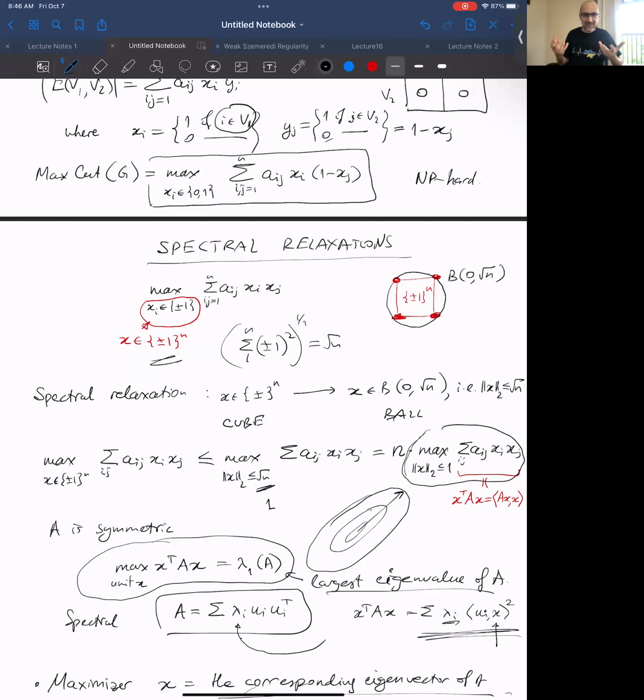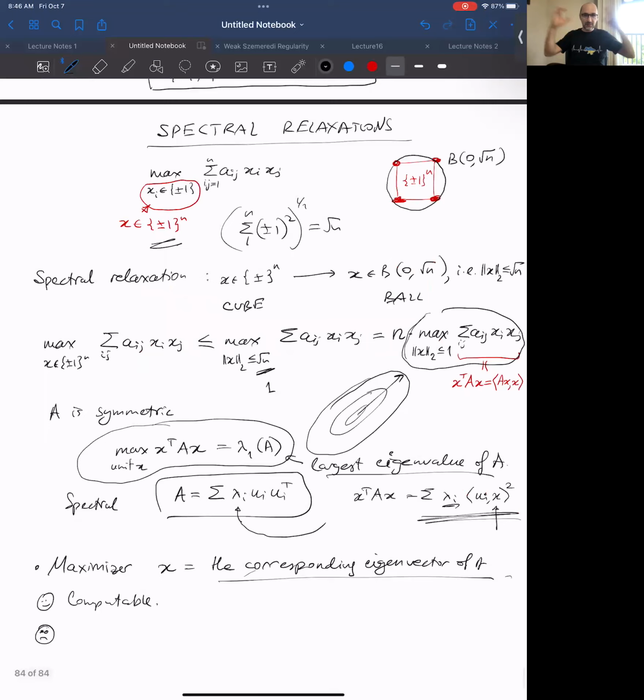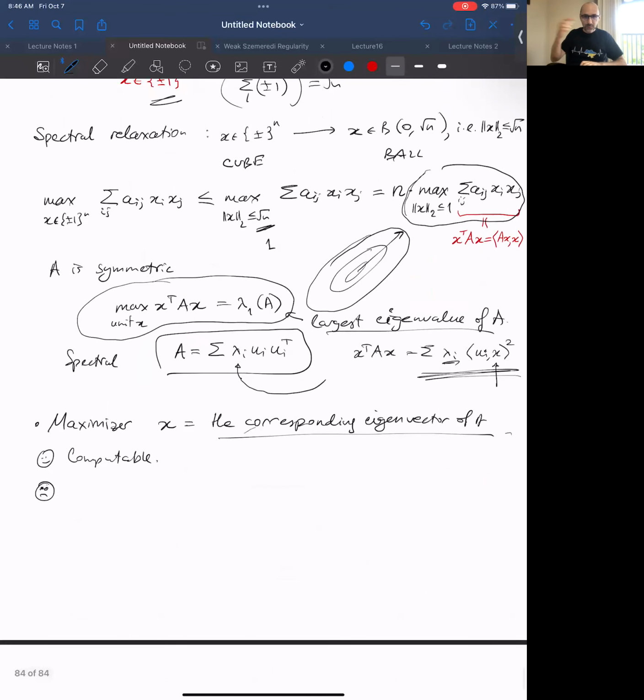Is it tight? Well, maybe we lost everything. Maybe we lost track with reality by relaxing into the big problem. There is no way back. That's a problem. So the tightness of the relaxation is not clear, it is questionable.